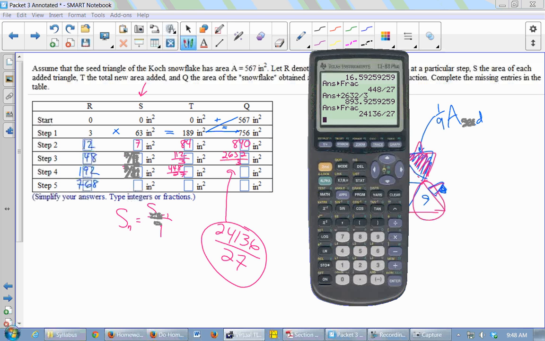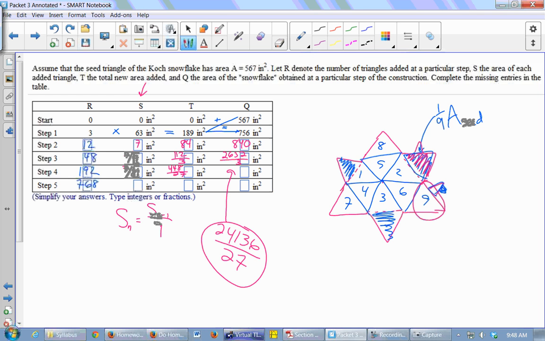So this whole 1/9 pattern actually makes this a lot easier than what we did in class. You just had to notice it. So those were the two that dealt with the Koch Snowflake, which was the fractal that we discussed in class.